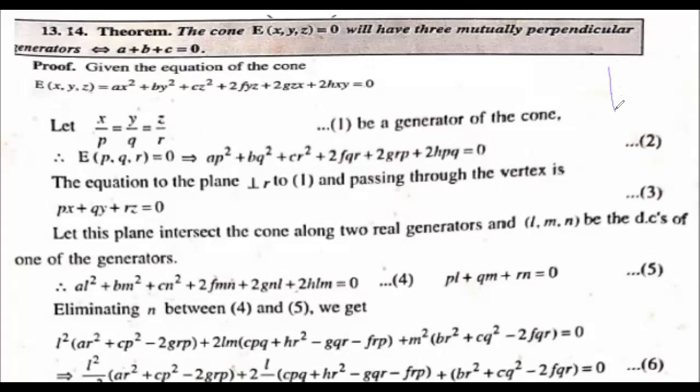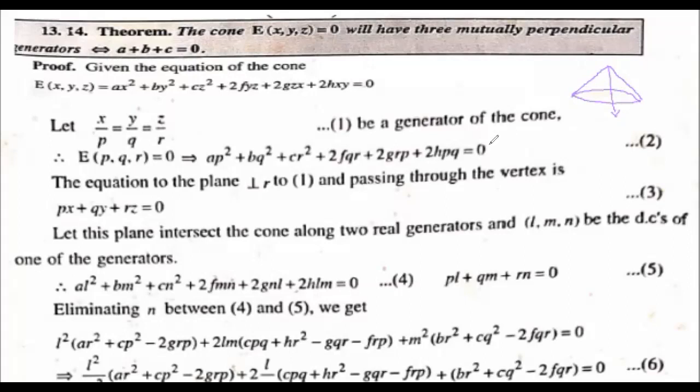Imagine, so like this it is there. Now it is admitting 3 mutually perpendicular generators. Now I'm going to consider one of the generators as x by p, y by q, z by r, a generator of the cone.